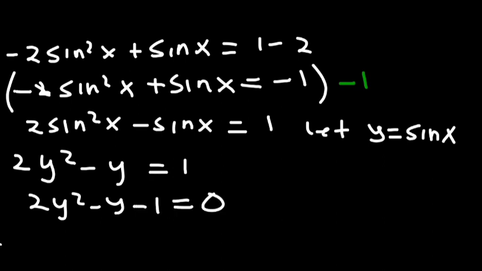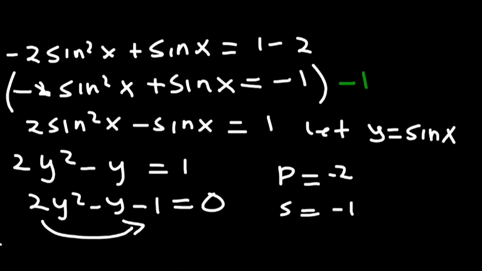So now we're just going to factorize. We're going to find the product, sum and factors. What two numbers, when we multiply them, give our product? Our product is 2 times negative 1, that is negative 2. Then what is our sum? Our sum is negative 1. So what are two numbers which when we add them give us negative 1, and when we multiply them give us negative 2?